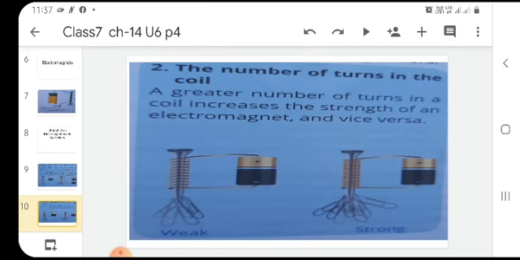Second is the number of turns in the coil. A greater number of turns in a coil increases the strength of an electromagnet and vice versa.